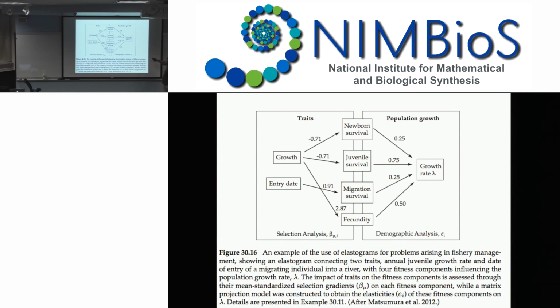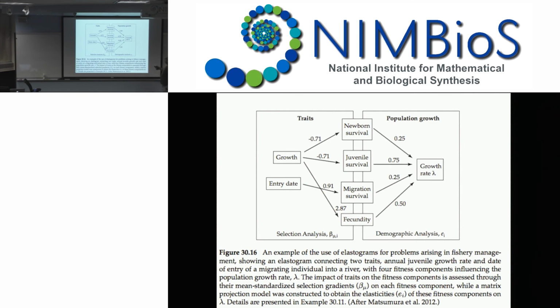Likewise, I can ask how newborn survival affects growth rate. What about juvenile survival? What about migration survival? What about fecundity? So here are the elasticities. A proportional change in newborn survival results in a 0.25 proportional change in growth rate. So elasticity diagrams basically allow you to connect that.